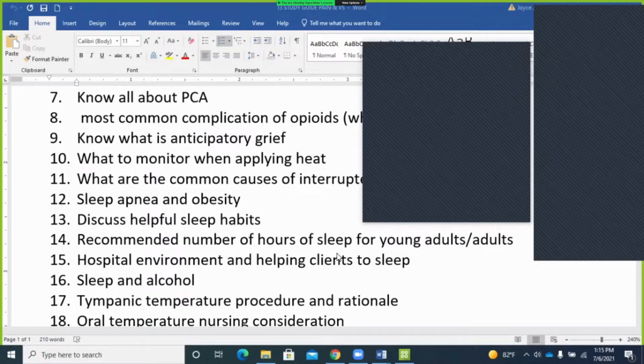Just not to drink alcohol? Large amounts, no. And then it says also in the ATI, no alcohol 4 hours before sleep. Oh, okay, thanks. So it's not totally no, but 4 hours before, but no large amounts because it's a diuretic, no?